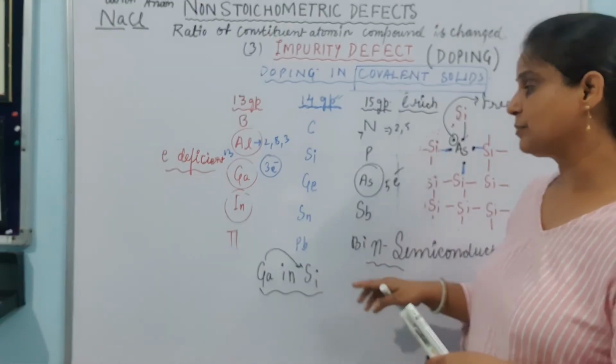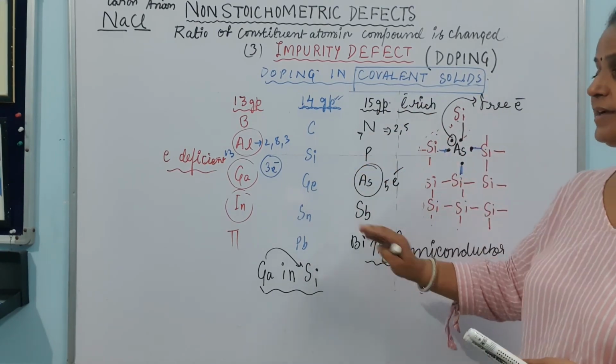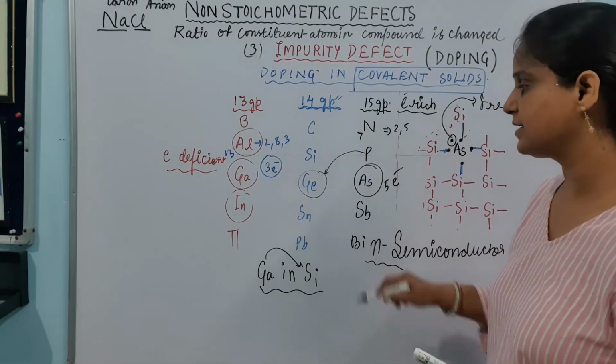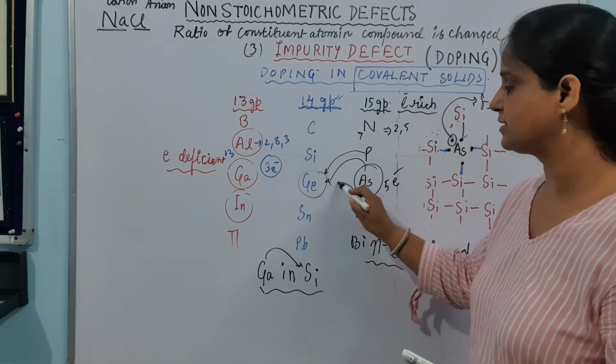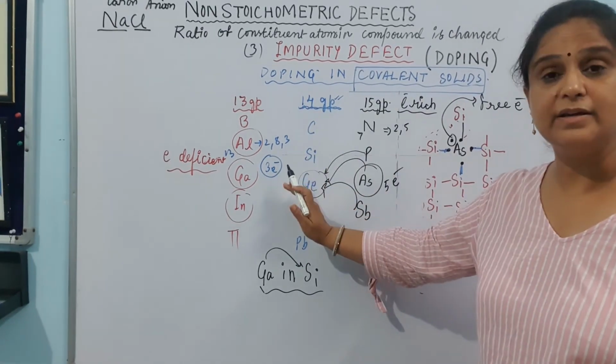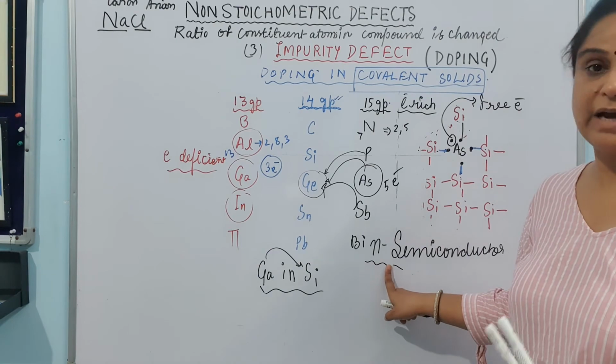If I ask you for the example कि भाई n-type of semiconductor का example बताइए, कुछ भी जोड़िए. जर्मेनियम में फॉस्फोरस ऐड कीजिए, जर्मेनियम में आर्सेनिक कीजिए, whatsoever you want. 15th group will be doped in 14th group. That will give rise to n-type of semiconductor. I hope it is clear.